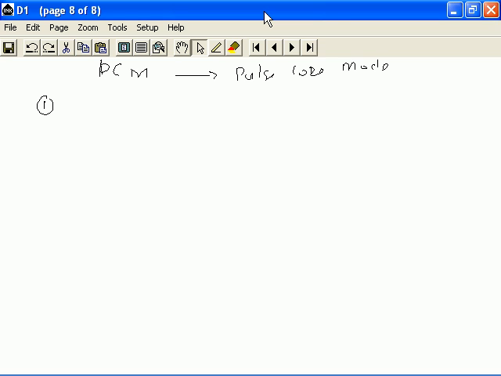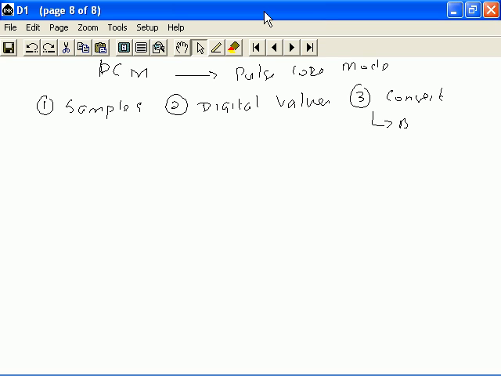Step number 1, take samples at regular intervals. Step number 2, assign digital values for each of the samples. And step number 3 is convert the digital values to binary format.